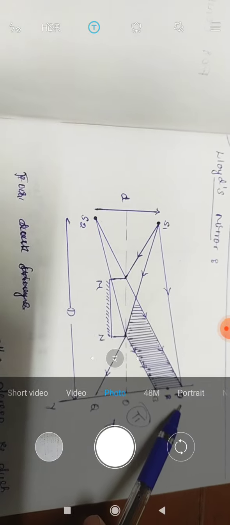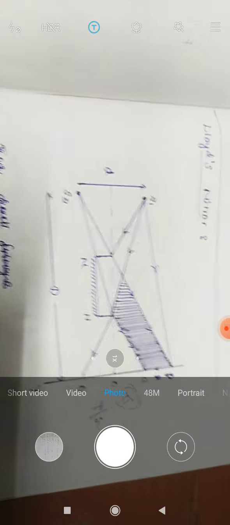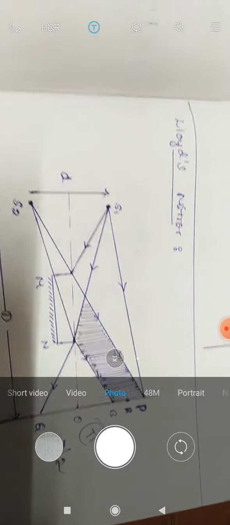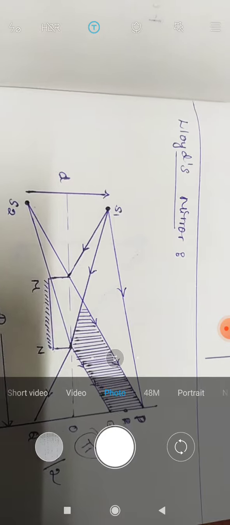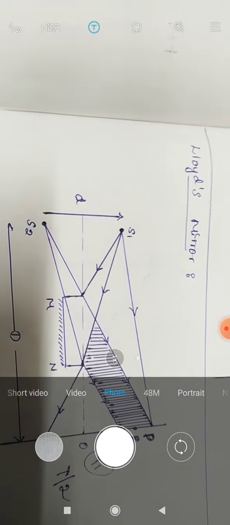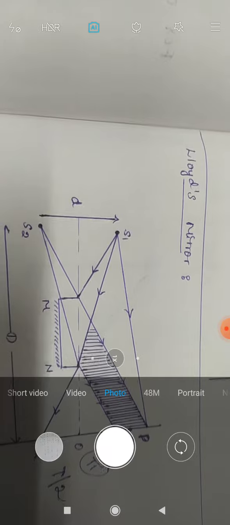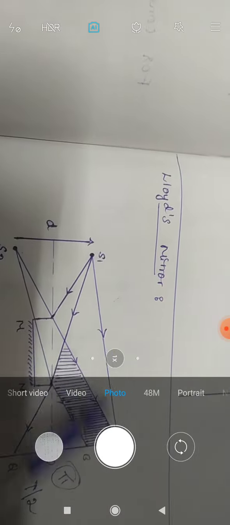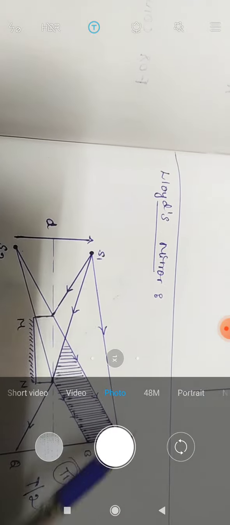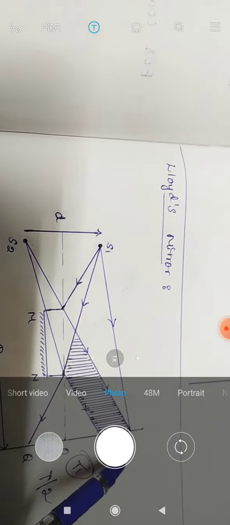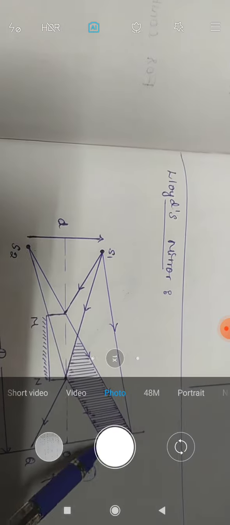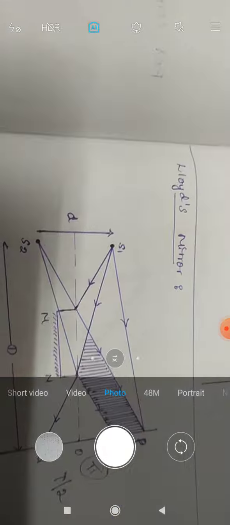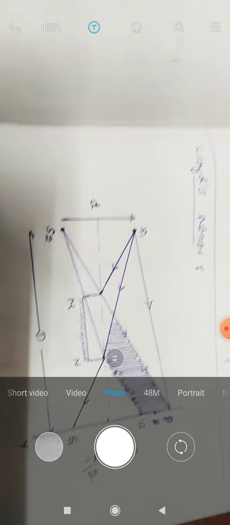That means we get a dark fringe, because of the phase change of pi, or a path difference of lambda by 2. So if S2P minus S1P is equal to n lambda, at the point P we get a dark fringe.